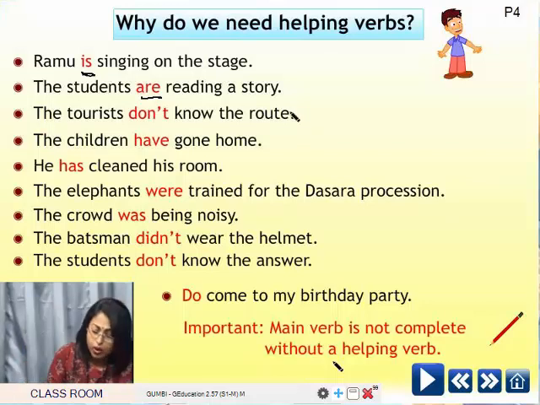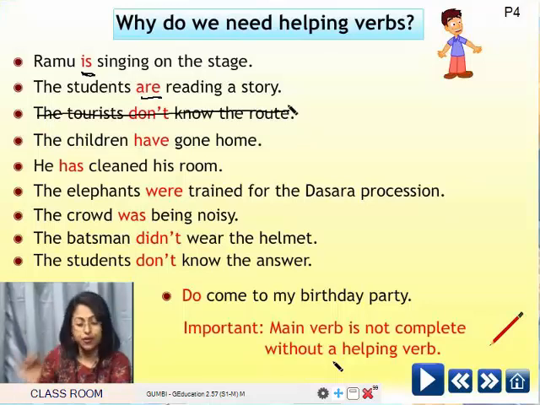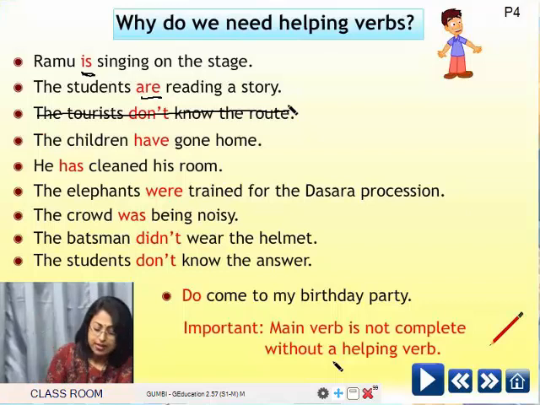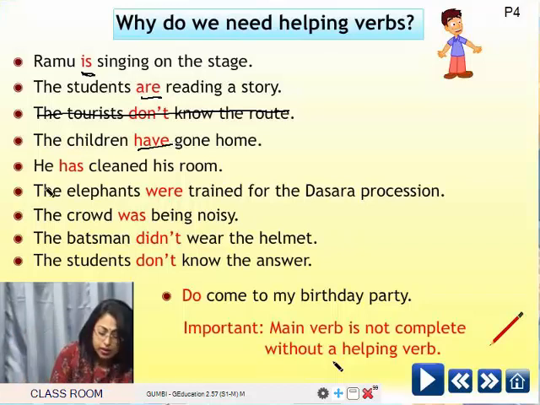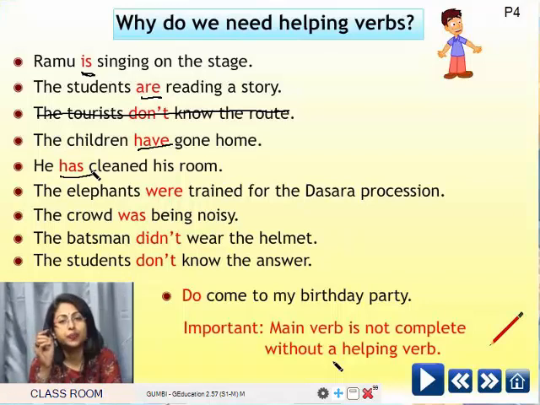Moving on to the third sentence. Third sentence I would not be doing because I will be teaching this in a different class. So in the next sentence, have. The children have gone home. You understand? The next one, he has cleaned his room.